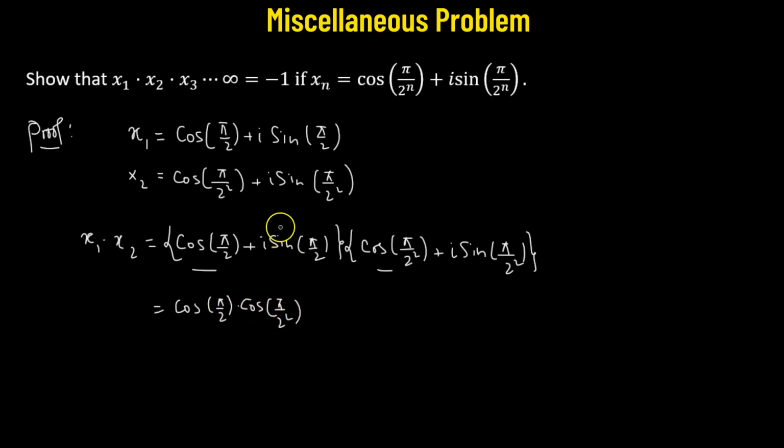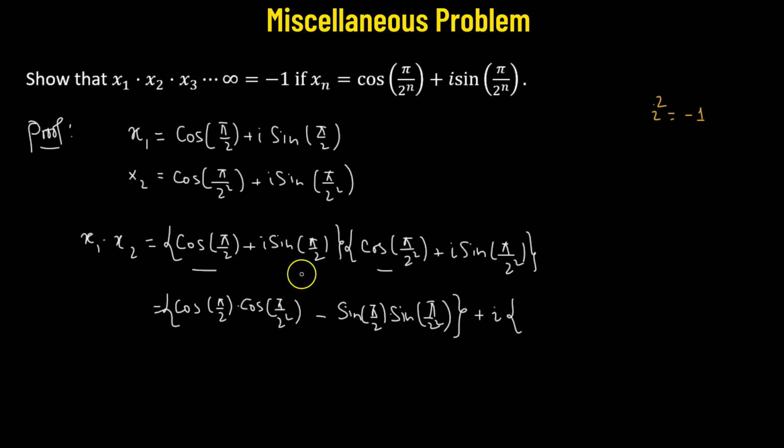Then we have iota times sine of pi over 2 multiplied to iota times sine of (pi over 2) squared. So we have sine of pi over 2 times sine of (pi over 2) squared. Now here iota times iota is iota squared, and we know that iota squared is -1. So this will be negative. So let's consider this to be the real part plus iota times the imaginary part.